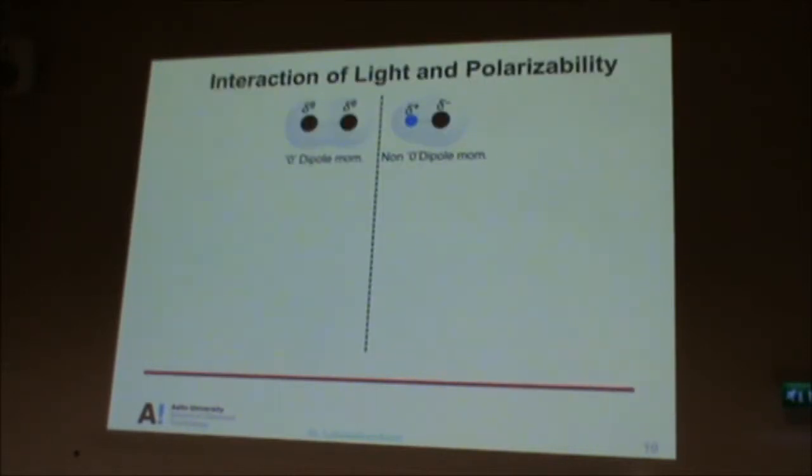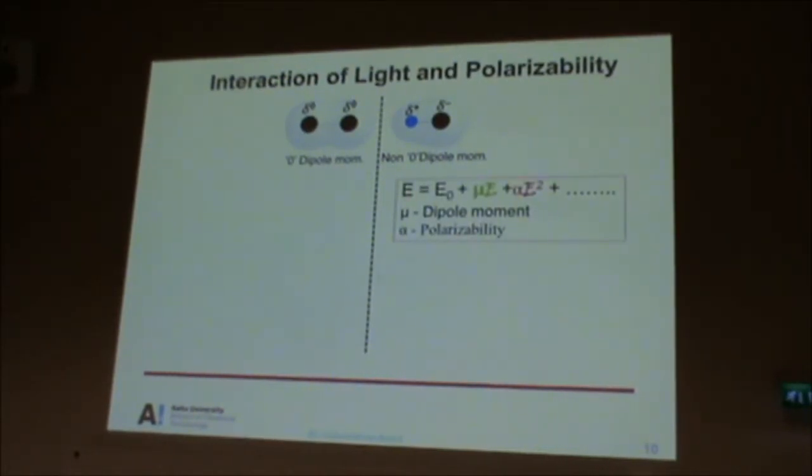Okay. Now, let's take two situations. One, an atom or molecule which has zero dipole moment, and a molecule that has non-zero dipole moment. Now, the energy in the electric field is given, as I mentioned in the previous slide, as follows, where the dipole moment times electric field, and alpha is the polarizability.